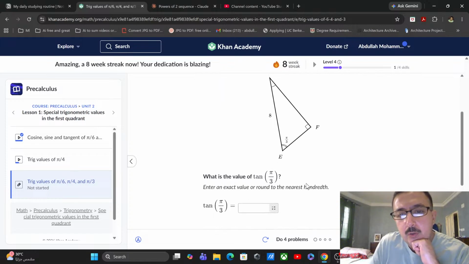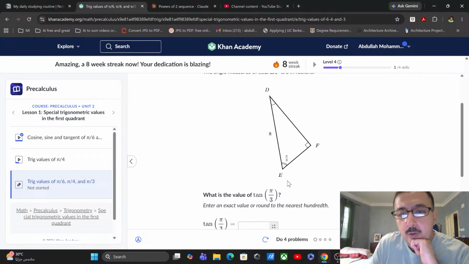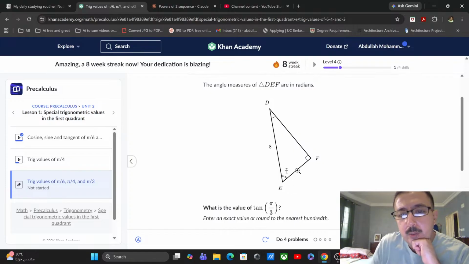What's the value of tangent pi over 3? So what do I have? This is 8. This is pi over 4. This is pi over 2.